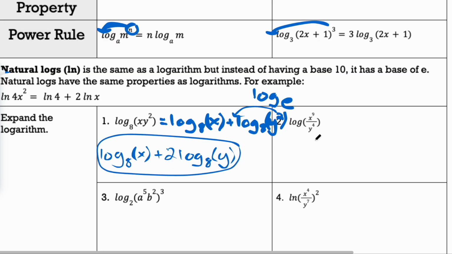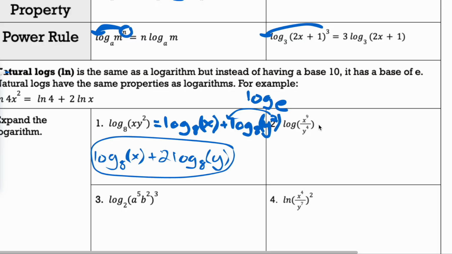Now here, I know it's sort of hard to see, we're dividing. And since we're dividing, we're going to be doing subtraction. So I'm going to separate this into log, well actually we don't have a base, we have base 10. We're going to say log of x to the 9th power minus log of y to the 4th power.